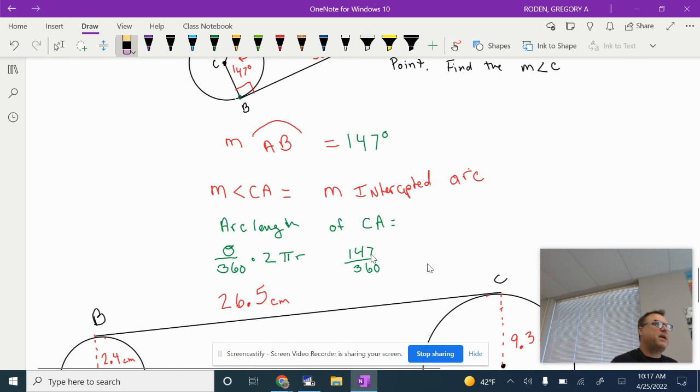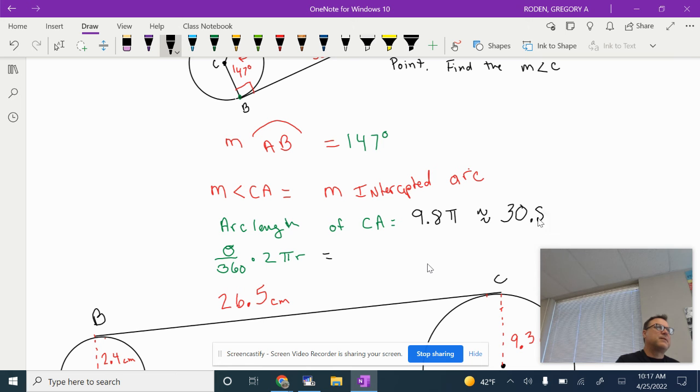So Caitlin is saying that we have approximately 9.8 pi. You guys agree with that? Okay. So we get approximately 9.8 pi when we put everything in. And if we wanted to approximate that even more without pi, what is that, Caitlin? About 30.8 centimeters. You guys see that?